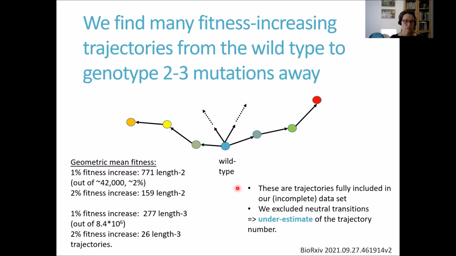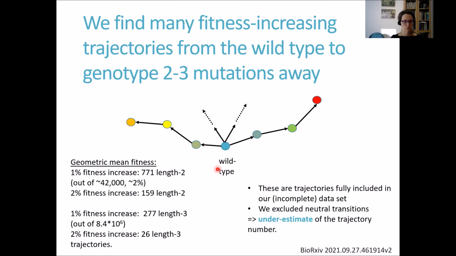And I would say even more than that. This is an underestimate of the actual number of trajectories, because we only included here trajectories that were fully in our data set. If there could be another genotype that was not measured, we wouldn't count a trajectory passing there. So I would guess that there are additional trajectories that were not included just because these genotypes were not measured.